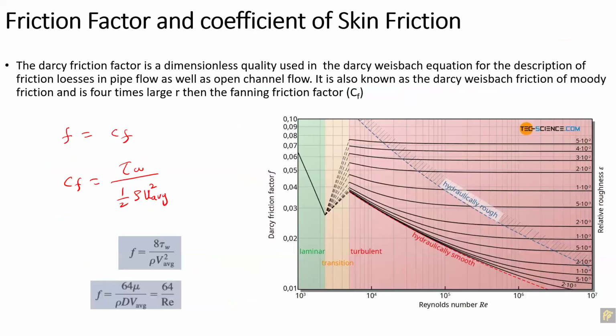And now the last thing that I am going to cover in the theoretical part is the friction factor, and second is the Fanning friction factor. So the friction factor, its full name is the Darcy friction factor.